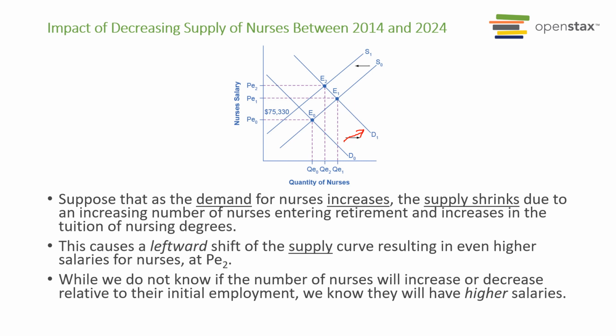At the same time, the supply of nurses actually went down. For a couple of reasons. For one, many of the nursing schools weren't able to produce the same number of graduates as before the pandemic. So the overall addition of nurses in the industry went down.